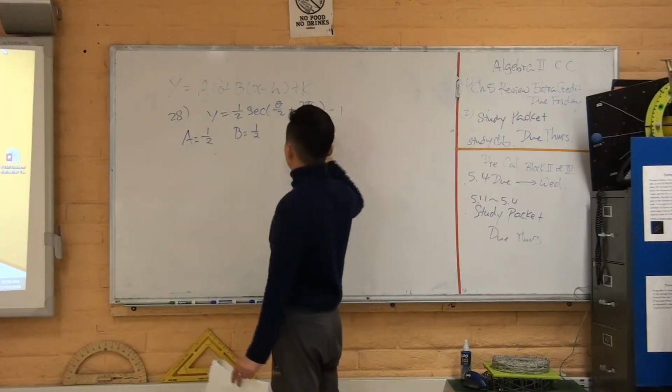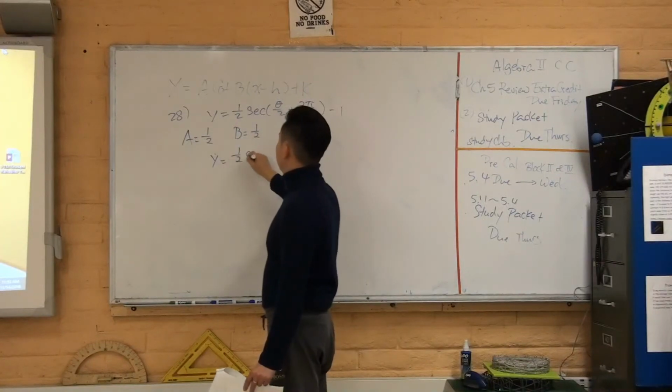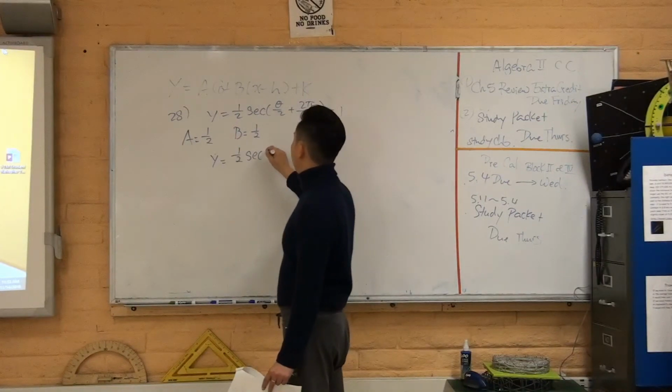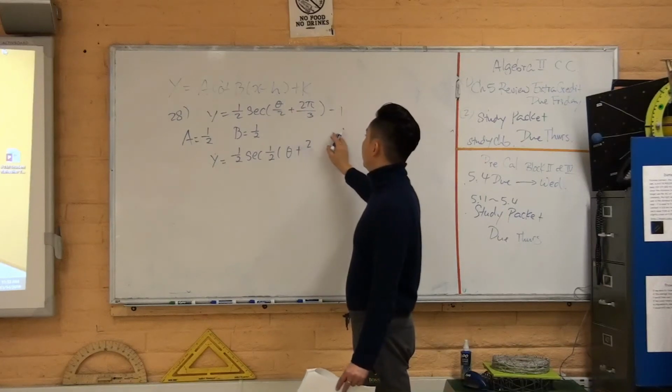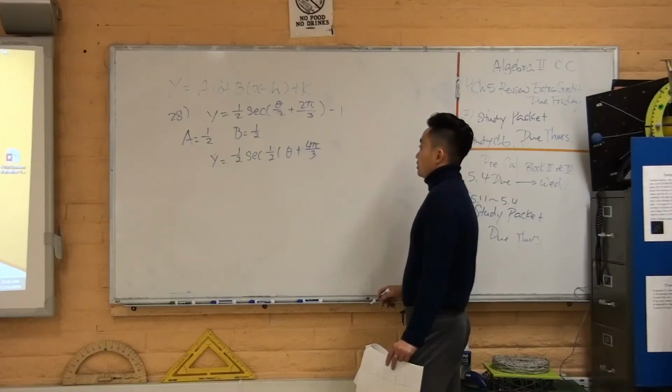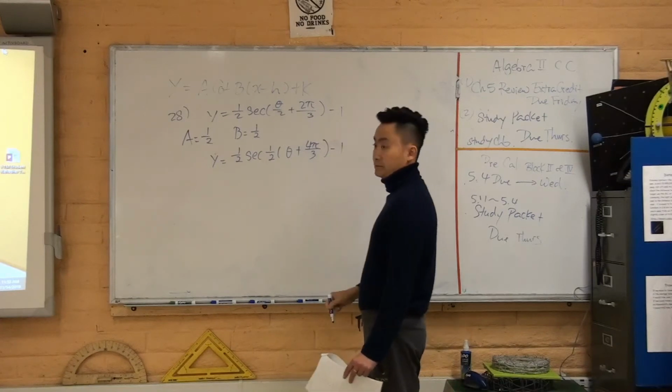For the equation here, we want to rewrite it. So y equals 1/2 secant of 1/2, and factoring out, it's 2 pi over 3, so it's 4 pi over 3, and then minus 1.